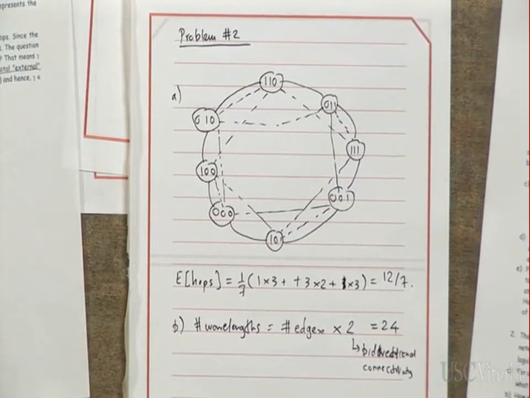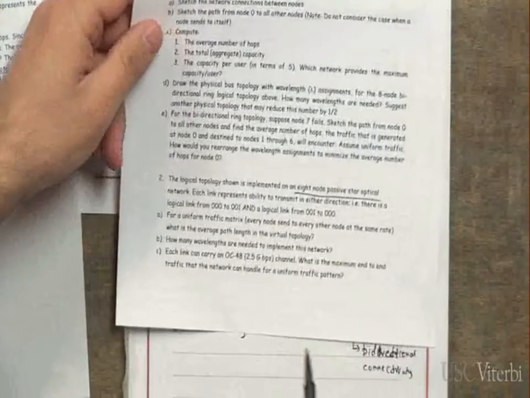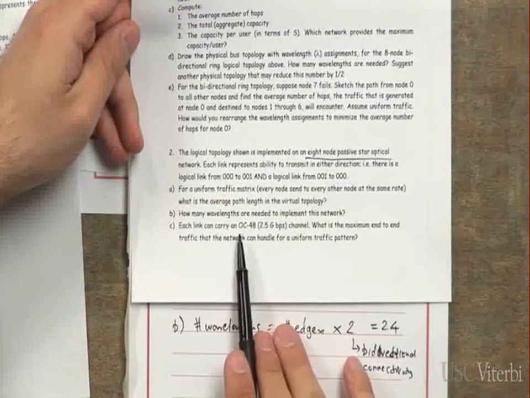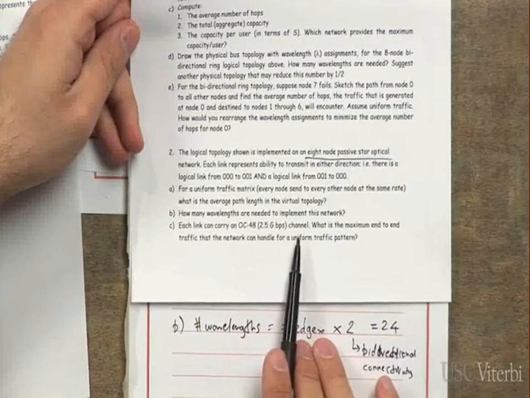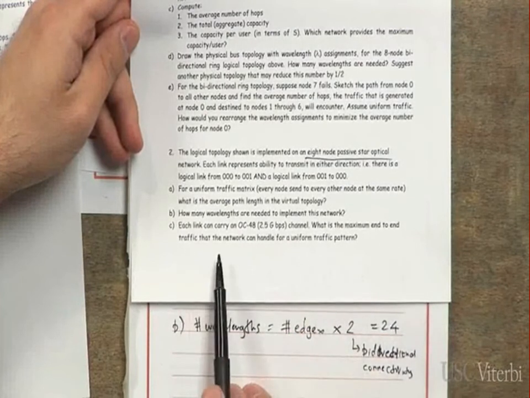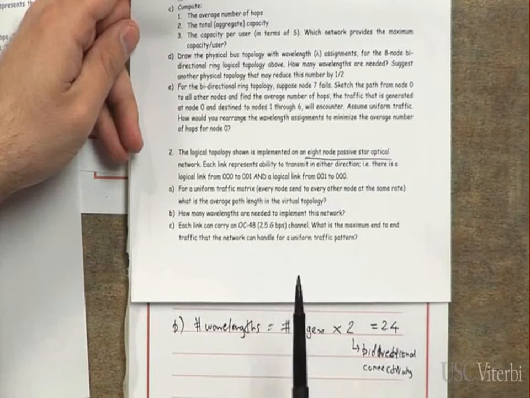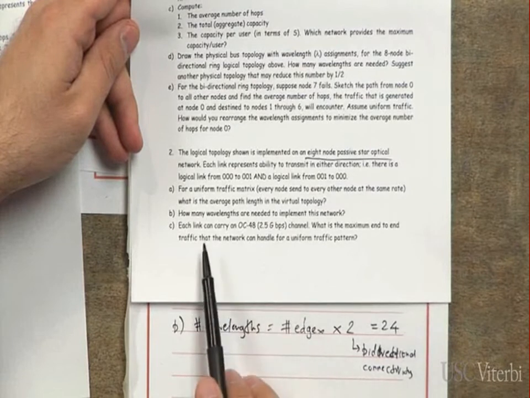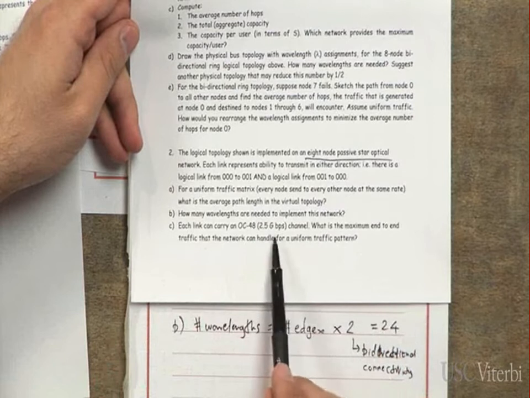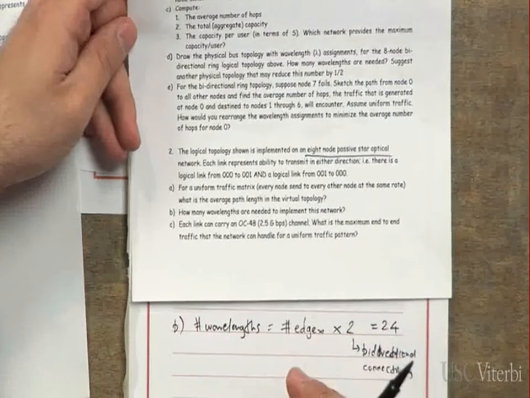Okay. Now, in the last question, we have 3 minutes left. Each link can carry an OC48 channel. What is the maximum end-to-end traffic that the network can handle for a uniform traffic pattern? Each link in this network can carry 2.5 gigabps.